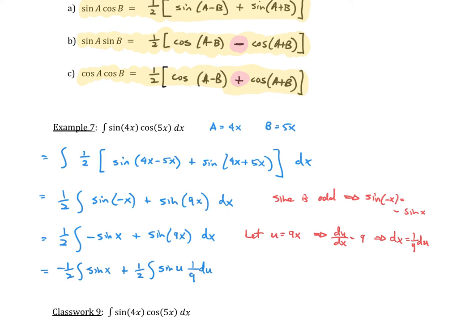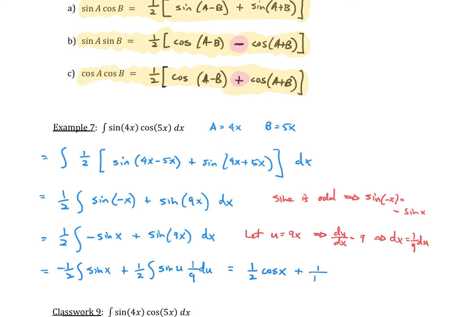And we're running out of space here, so let me wrap this up in one step. The antiderivative of sine is negative cosine, but we have a negative out in front there already. So in the end, we're going to have 1/2 cosine of x. That's the first integral. For the second integral, we're going to have a 1/2 times 1/9. So that's going to give me a 1/18.